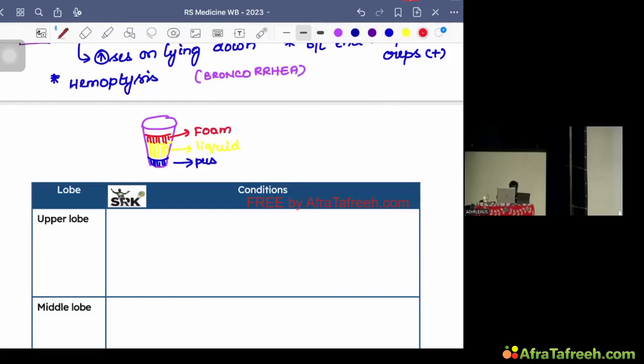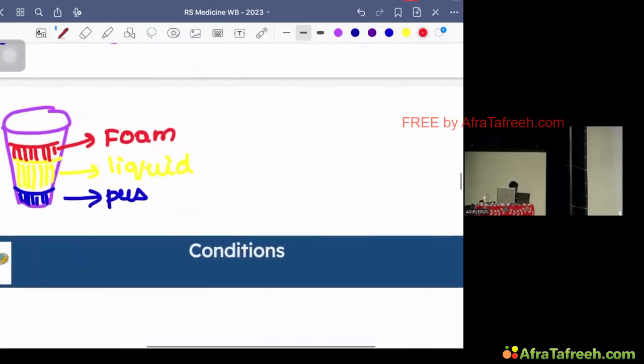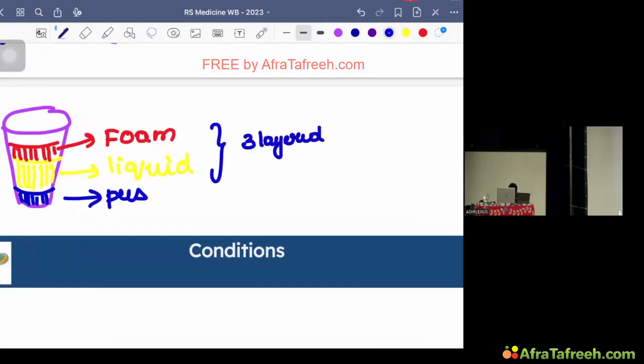This kind of three things in the sputum is called three-layered sputum. Three-layered sputum is a classical feature of bronchiectasis.